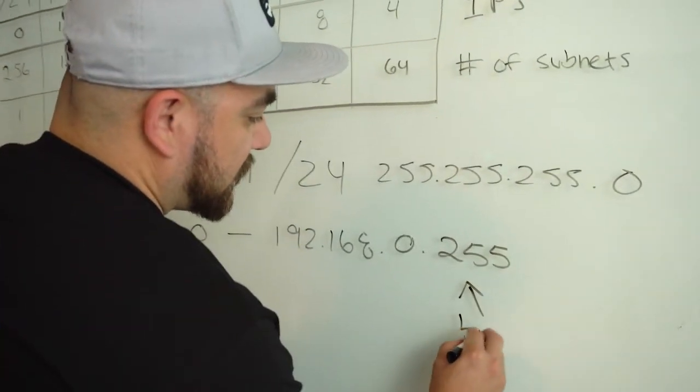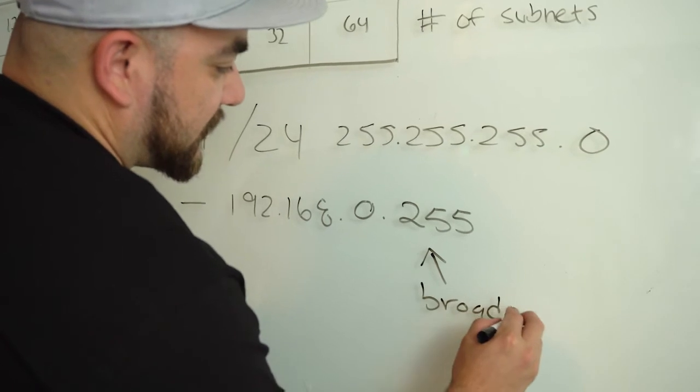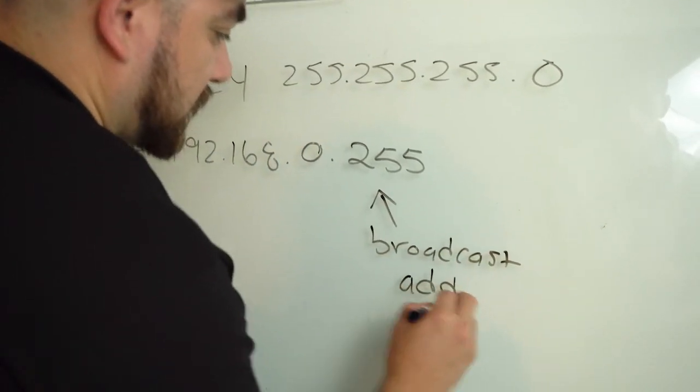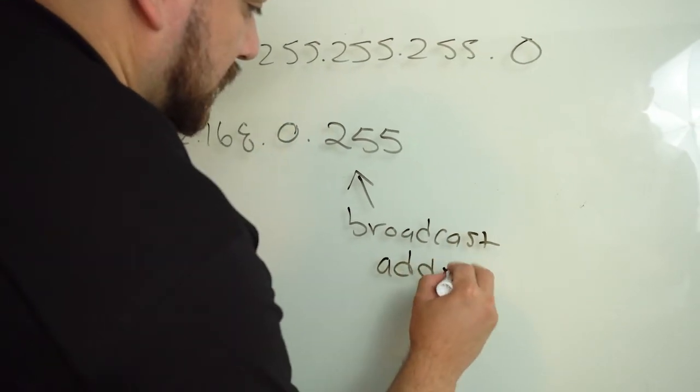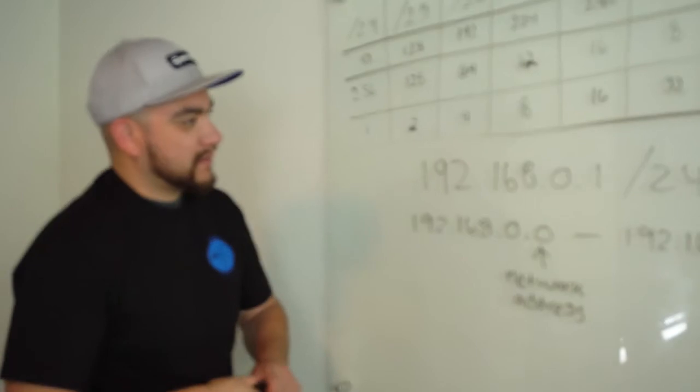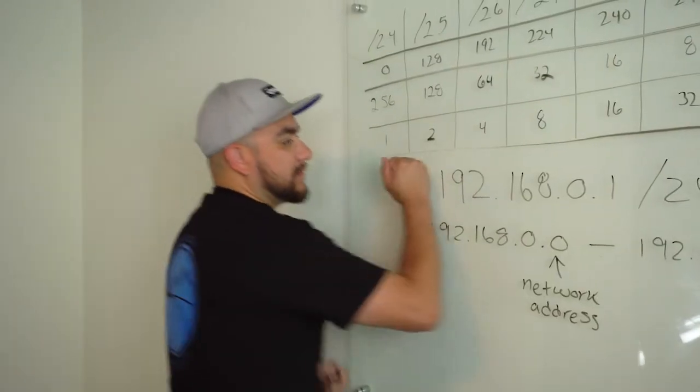.255 is our broadcast address. Okay. So, let me erase this.